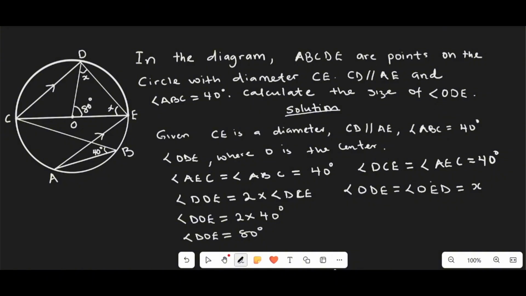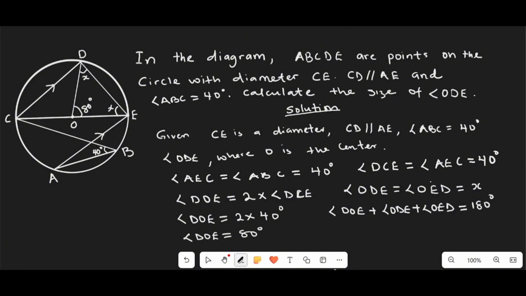So it follows that angle DOE plus angle ODE plus angle OED equal to 180 degrees. So let us substitute the values of this angle and x for both this and this.